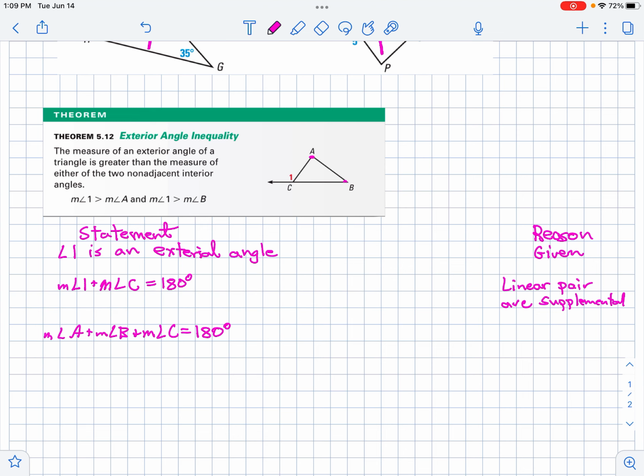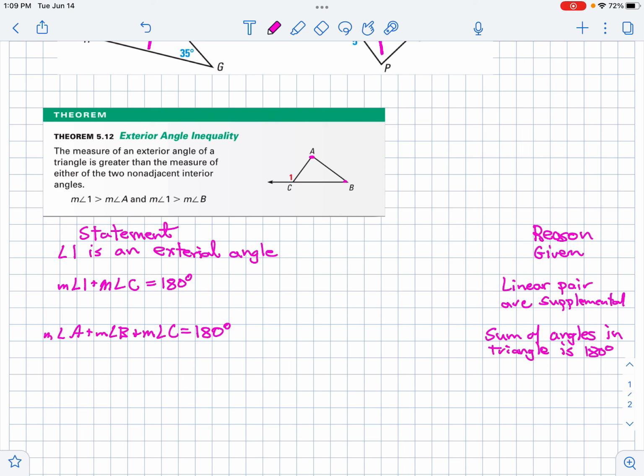So, the reason we know that is because the sum of angles in a triangle is 180. Okay. Now, you don't have to try to remember the name of the theorem. There's a name for that theorem, but let's not get bogged down in that. Let's just think about the reasoning.